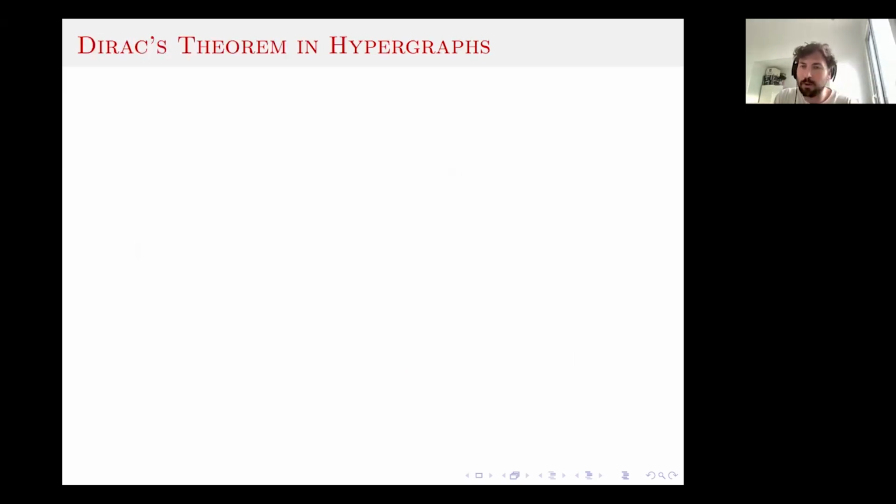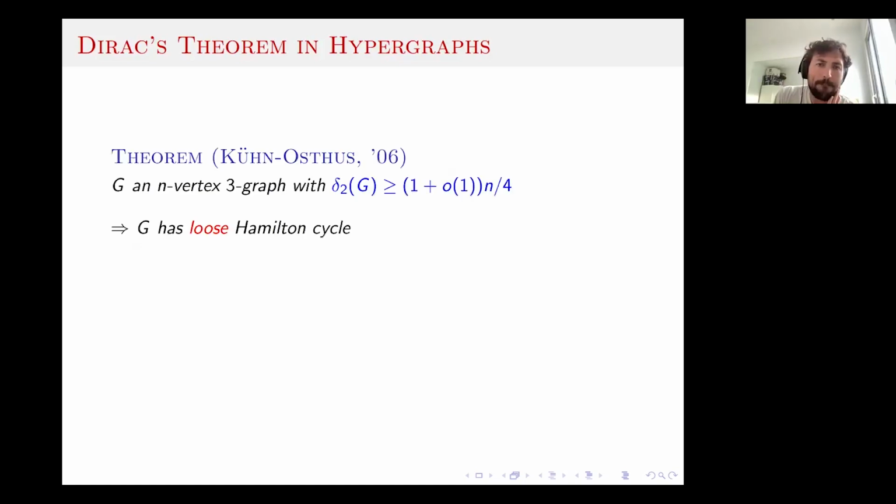Now we can think about Dirac's theorem in hypergraphs. Dirac's theorem that I showed you at the start happened in the 50s. It took a long time for any tight result to be proven in hypergraphs, so it's somehow much harder. There were two in 2006. I don't know exactly which one came first, but both looked at 3-uniform hypergraphs.